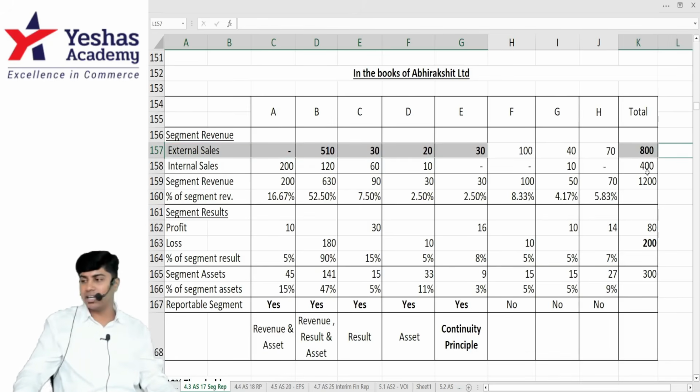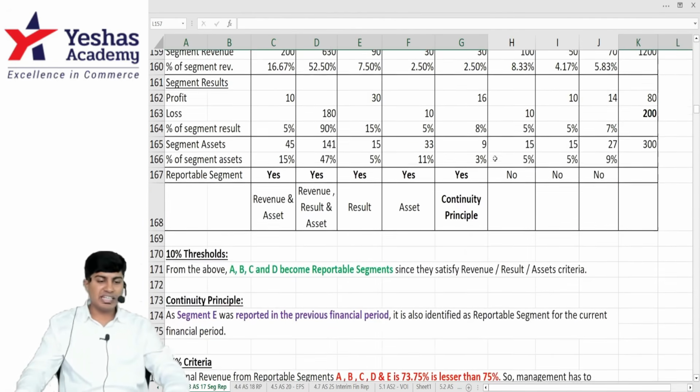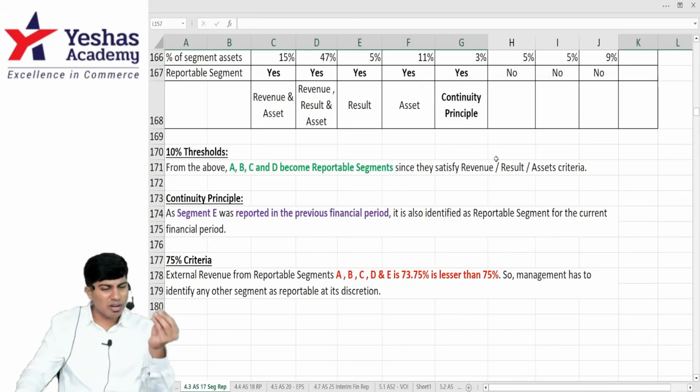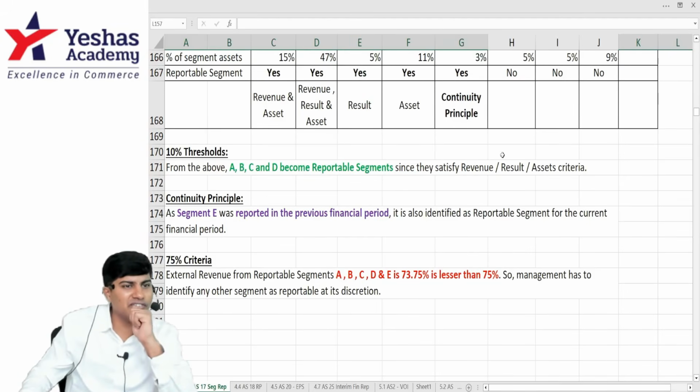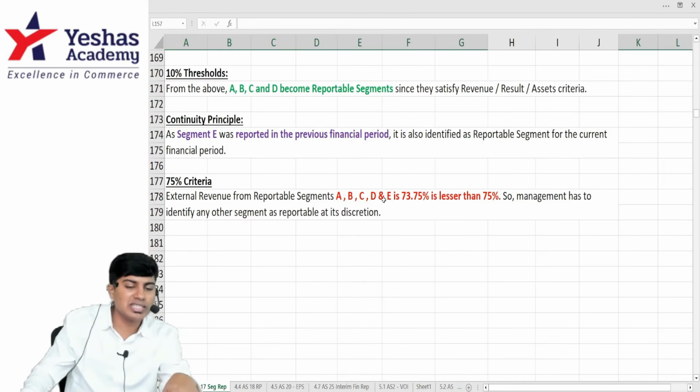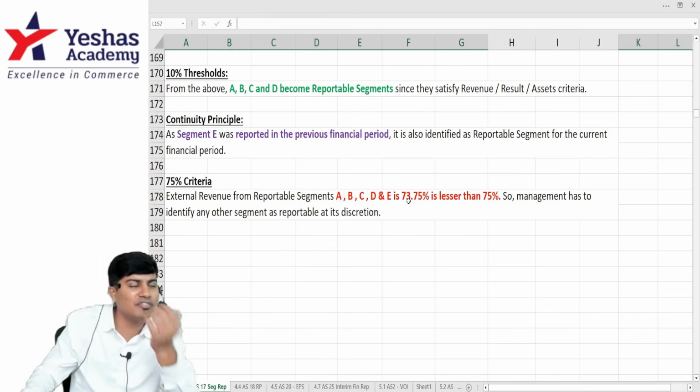So 590 by 800 is 73.75. You're so close. External revenue from reportable segments A, B, C, D, and E is 73.75, which is just lesser than 75%.